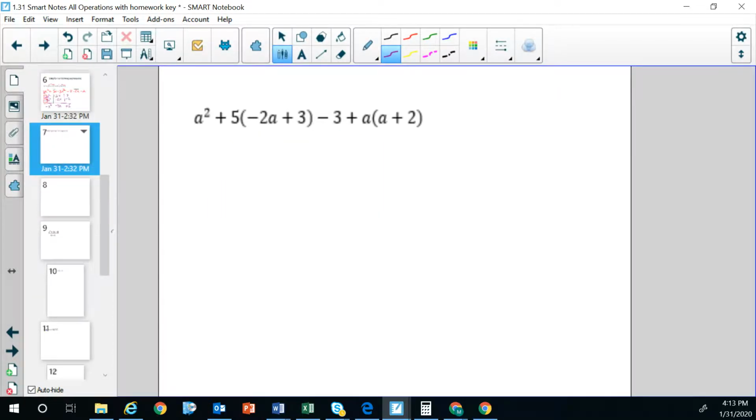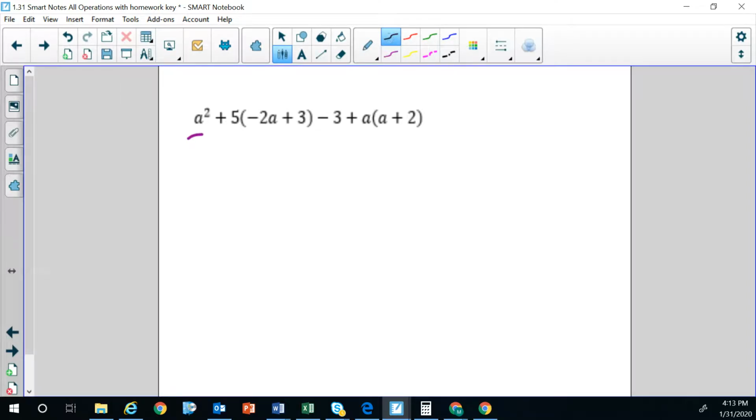All right. We have an a squared by itself, so I'm going to rewrite that as a squared. Now, to look at this now, I have a 5 multiplying the expression inside the parentheses. All right, so I'm going to distribute the 5. So that's going to give me a negative 10a plus 15.